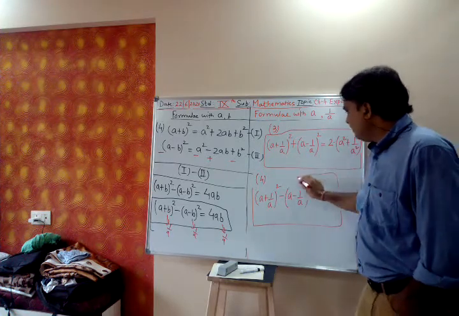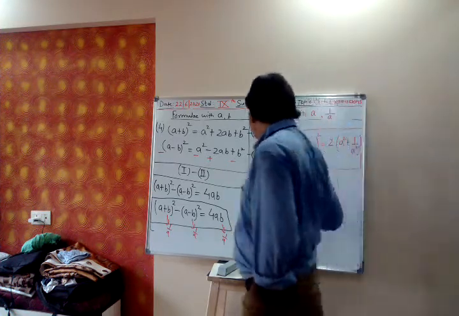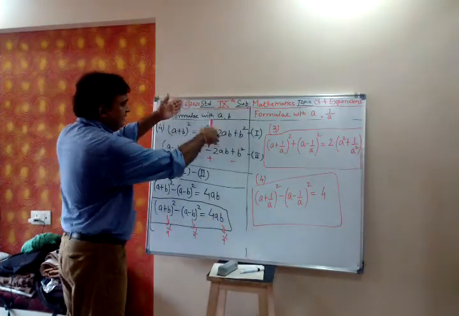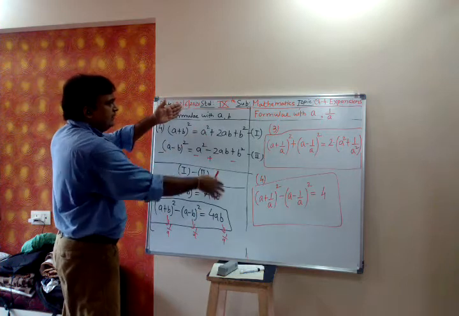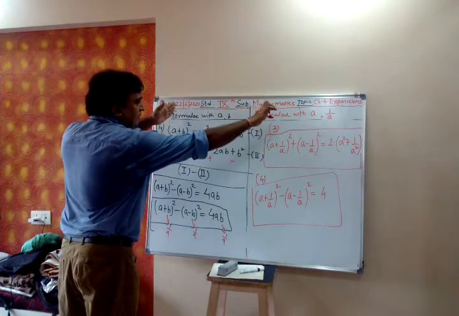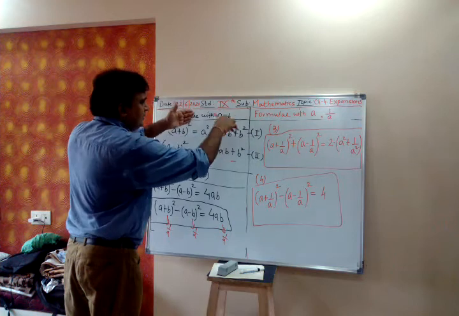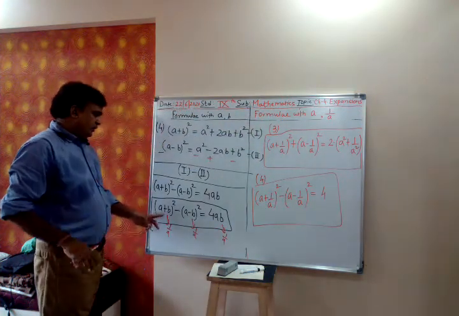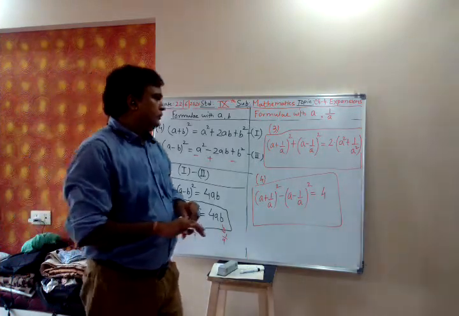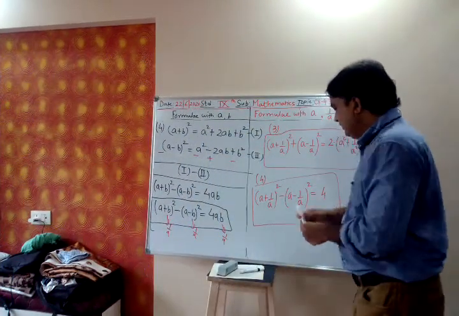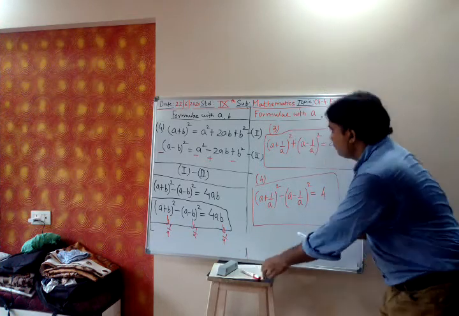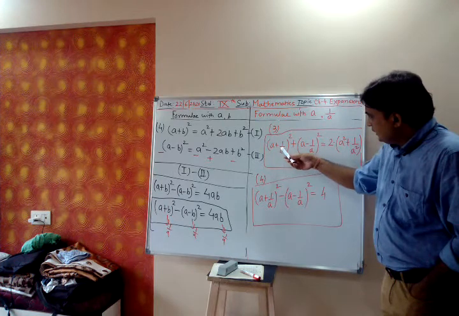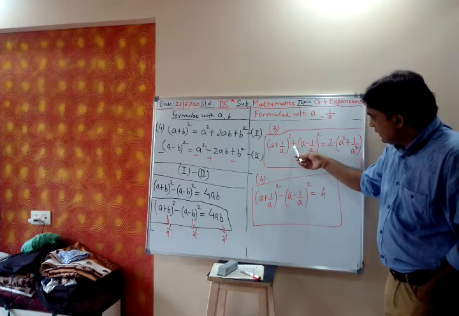No, a and b will not come, because I am replacing. In this formula, the left hand side I am writing the formula for variables a and b, and the right hand side I am writing the formula for variable a and 1 upon a. Instead of b, I have taken 1 upon a in the formula. So what is the important observation?